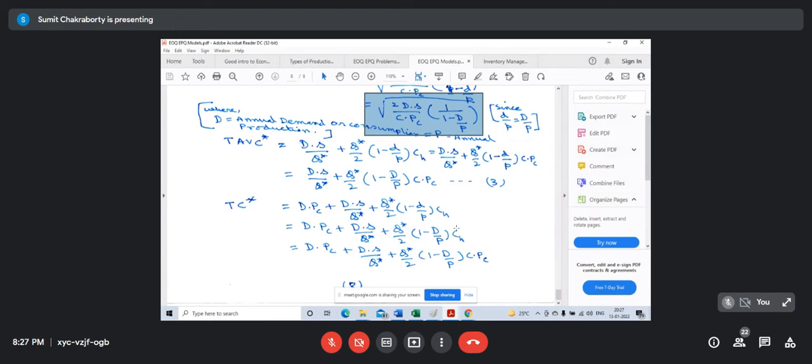Demand rate is annual demand here. If it says daily demand, then that would have been a different thing, and you would have to multiply it by 250. So here annual demand is 7,200 and annual production is 25,000. Setup cost is $150 per setup. C, which is carrying cost as a percent of per unit cost, is 18%, meaning 0.18. PC equals 14.5.